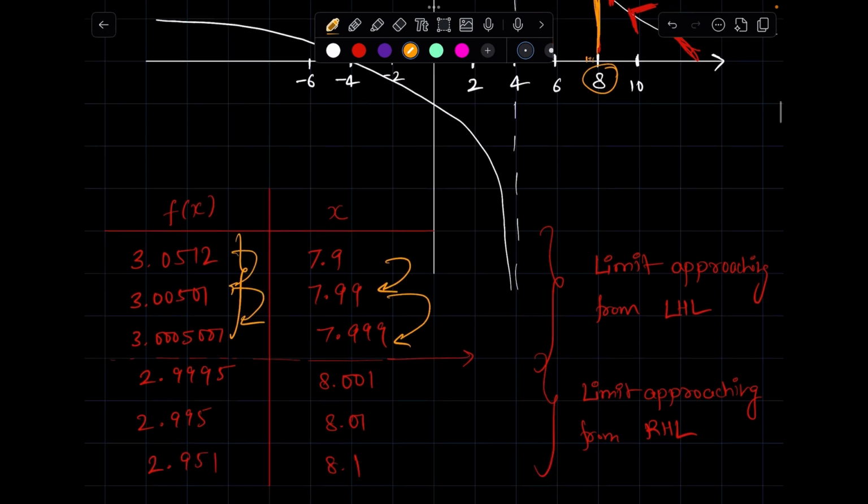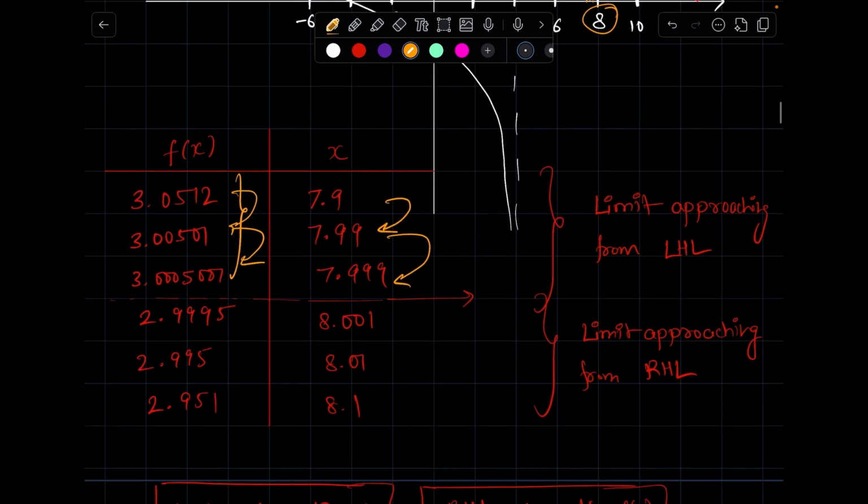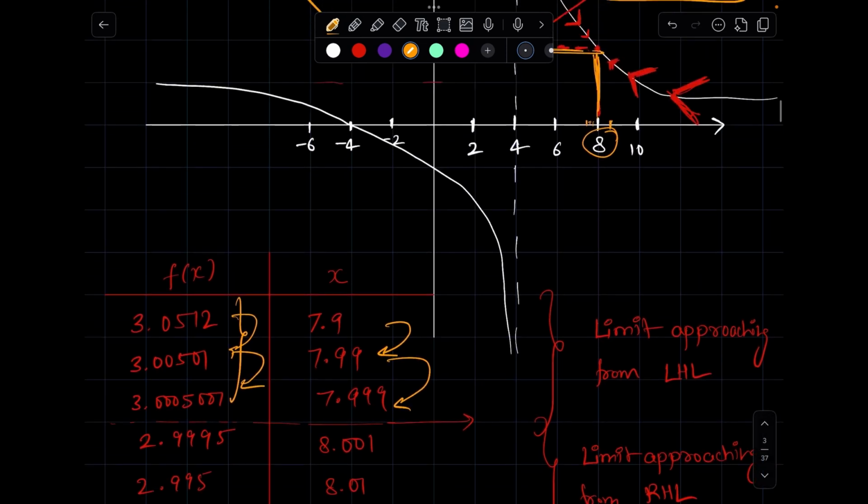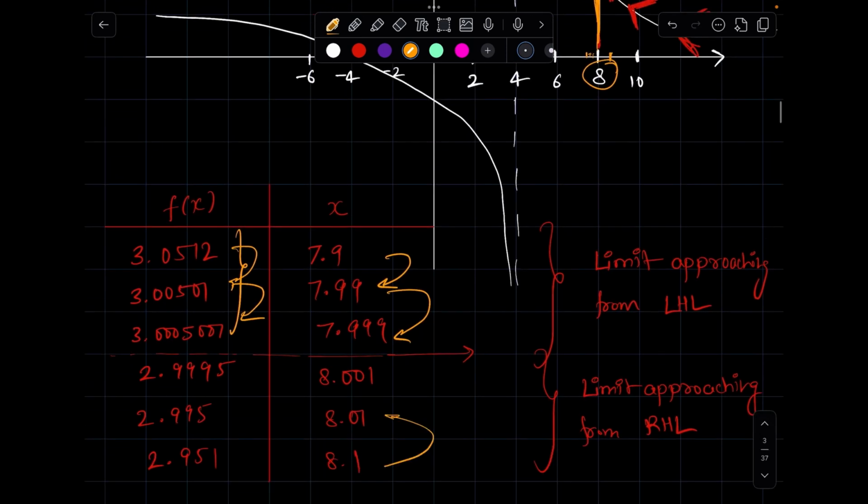If we were to do this on the right hand side, let's say 8.01 and then 8.001. As we make our numbers smaller and smaller, from a larger number to a smaller number to get closer to our x, our f of x will also come closer and closer to the actual value, which is 3 in this case.